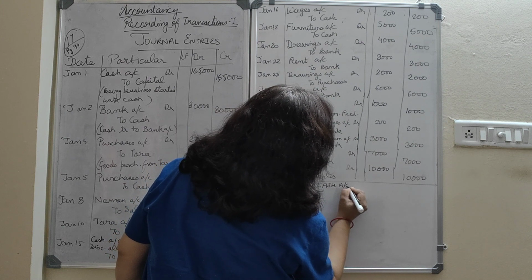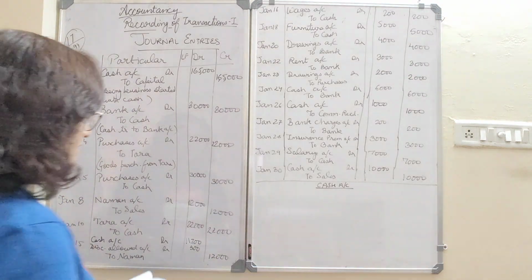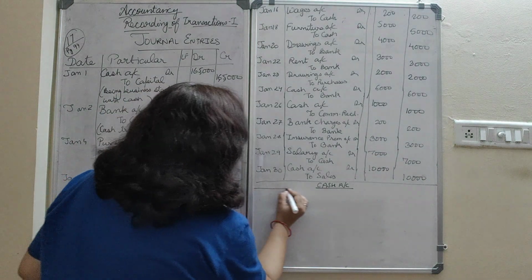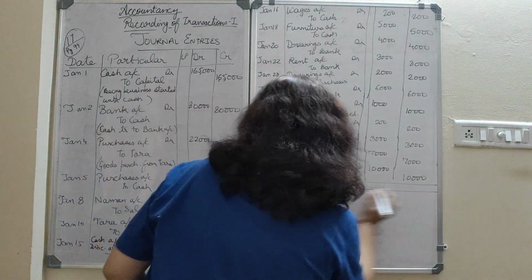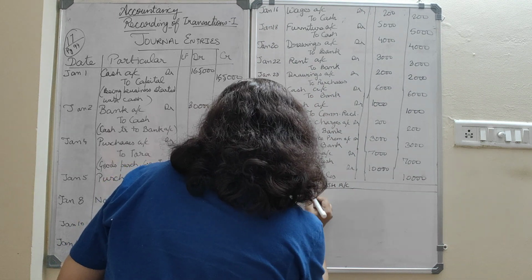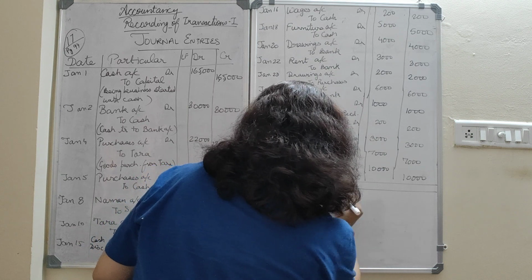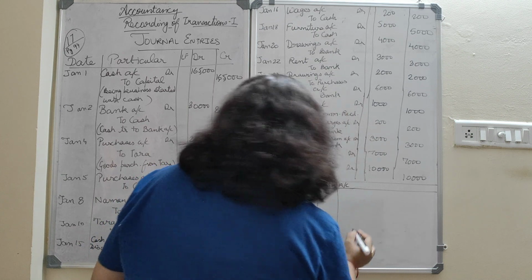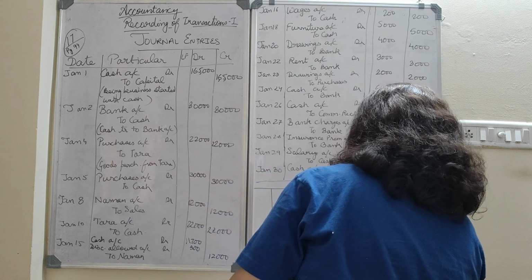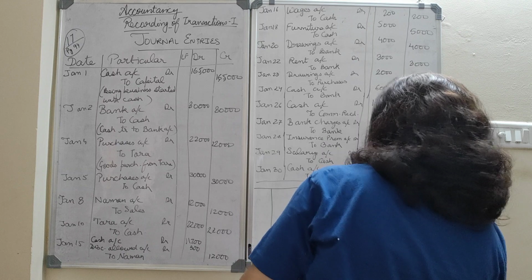First of all, please check the format which I have already given you in the previous class. First of all, what we have: date, then we have particular, then general folio, then we have amount, then again we have date, particular, general folio, and then we have amount.